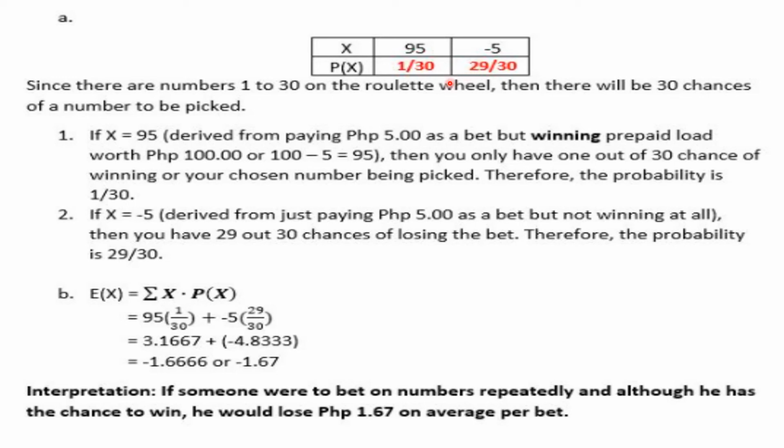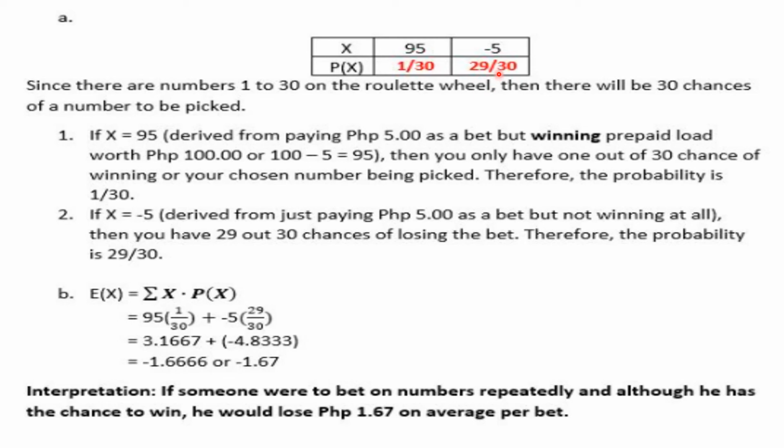Now, why is it 1 over 30? Because there is only one bet out of 30 possible numbers in that raffle. And the chance of us losing is the rest, or 29 out of 30.